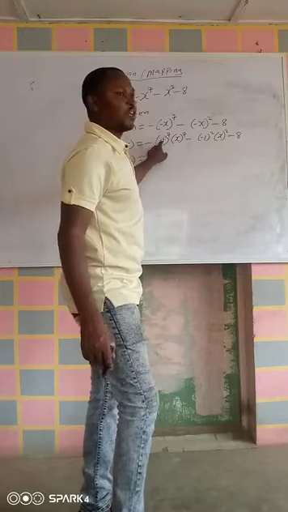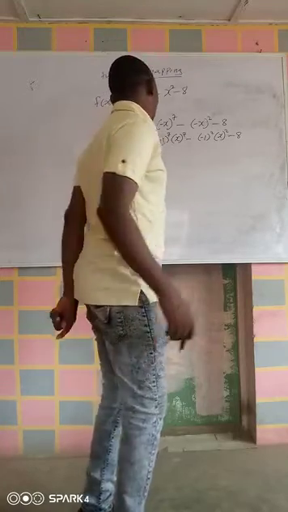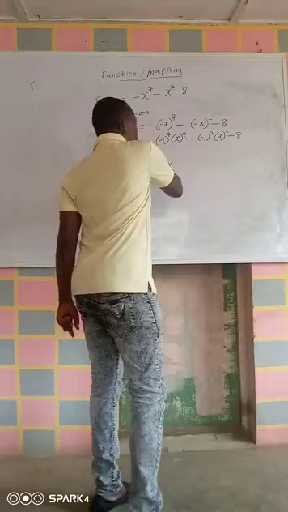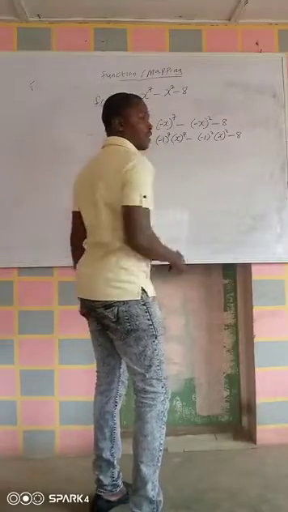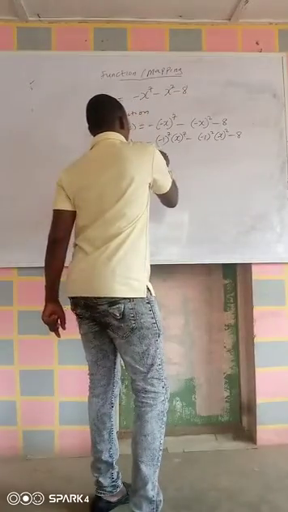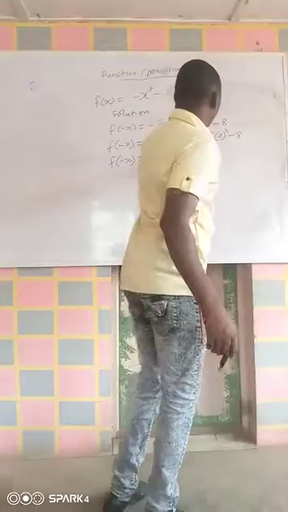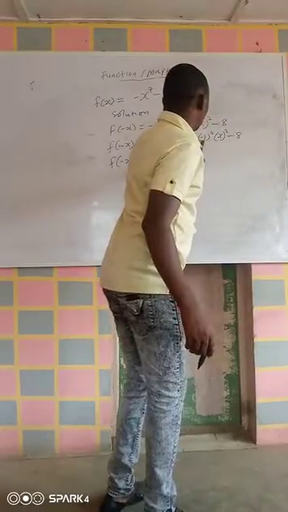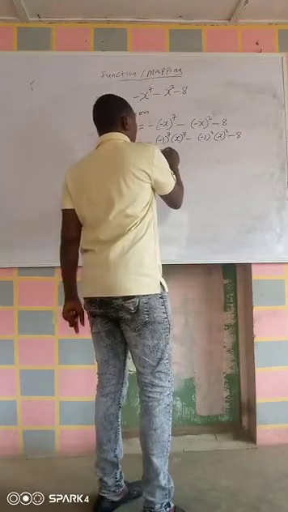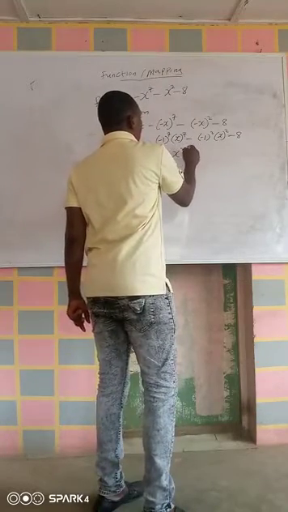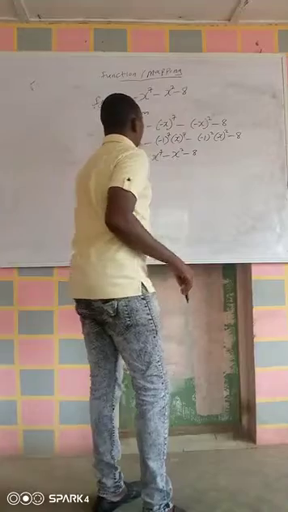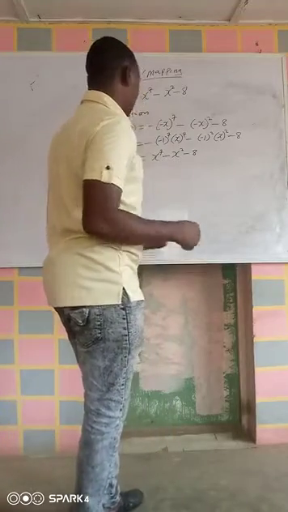Where it's even, it will be plus. So minus times minus becomes plus. The plus 1 times x to the 7 becomes x to the 7. So this also we maintain plus, and we get minus x squared minus 8.